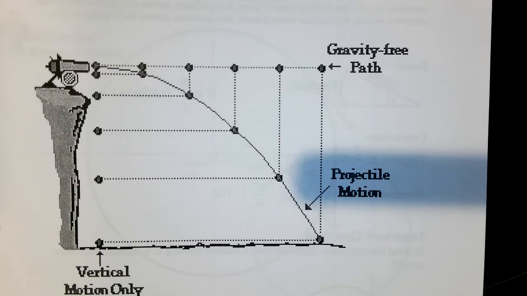Anybody know? If you fire a gun horizontally and you drop a bullet from the same height when the gun is fired simultaneously, which bullet, the one dropped or the one that's shot horizontally, which one will hit the ground first?